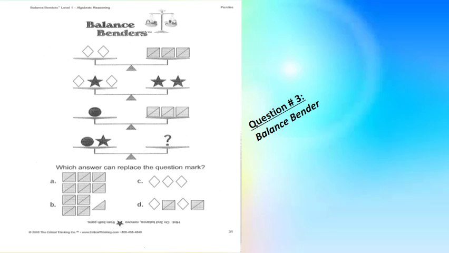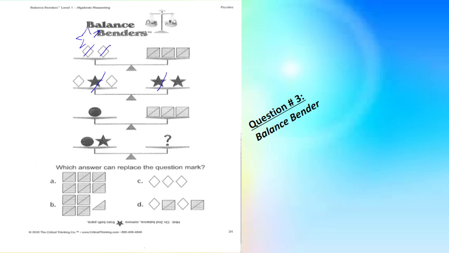Now question number 3 is a balance bender. We have 4 balances. In which balance can we start? What do we do in the second? We cancel a star with a star. What do you get? 2 rhombuses is equal to a star. Then, from the first balance, we replace the 2 rhombuses with a star.